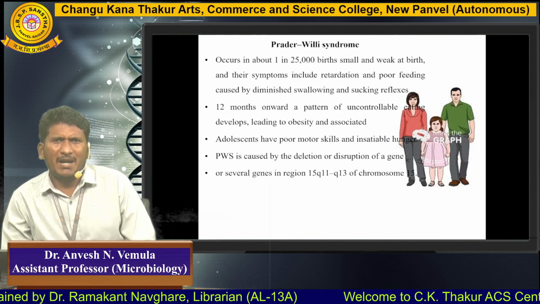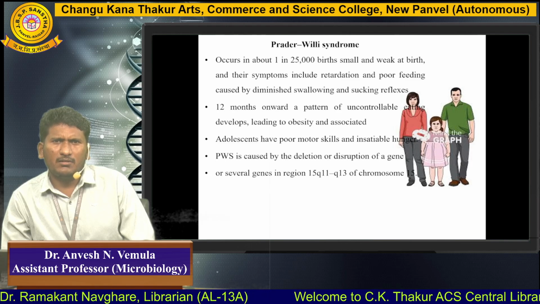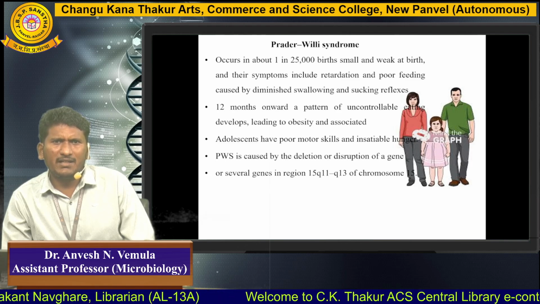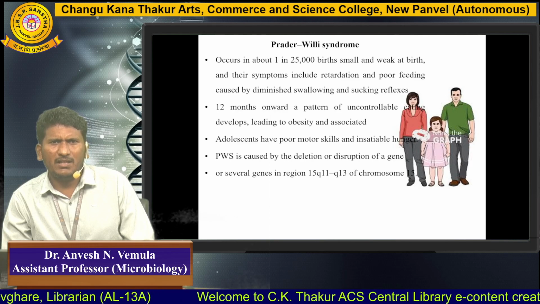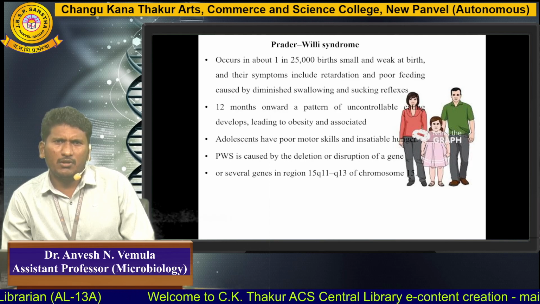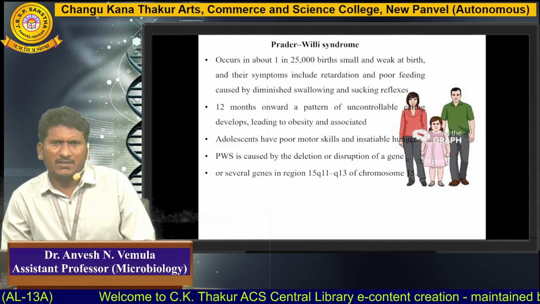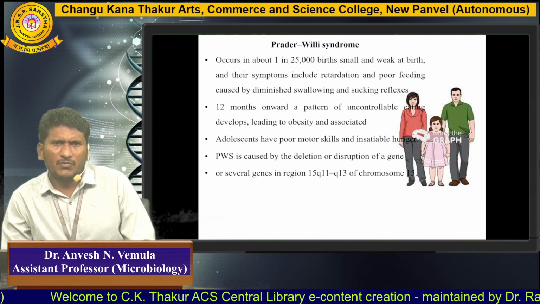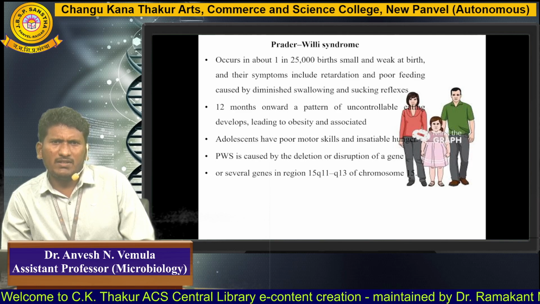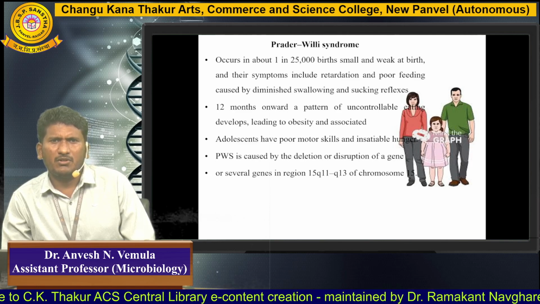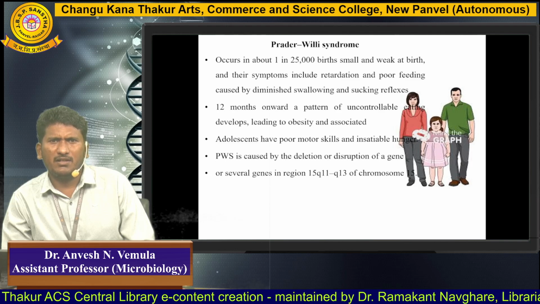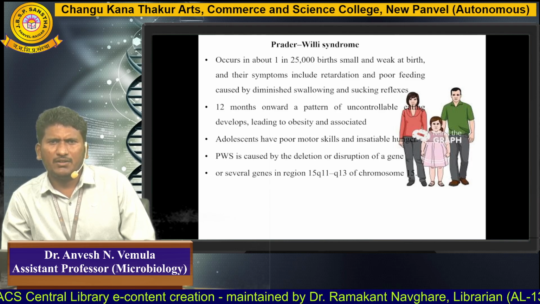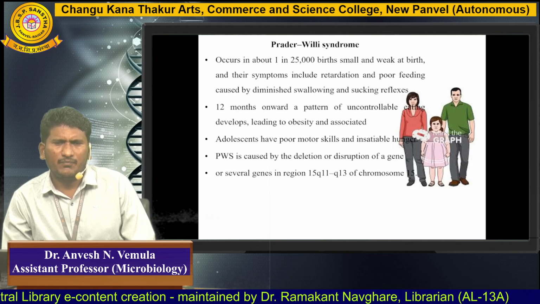From 12 months onwards, a pattern of uncontrollable eating develops, which leads to obesity, and adolescents have poor motor skills and unstable moods. PWS is caused by the deletion or disruption of a gene or several genes in the region 15q11 to q13 of chromosome 15. Thank you.